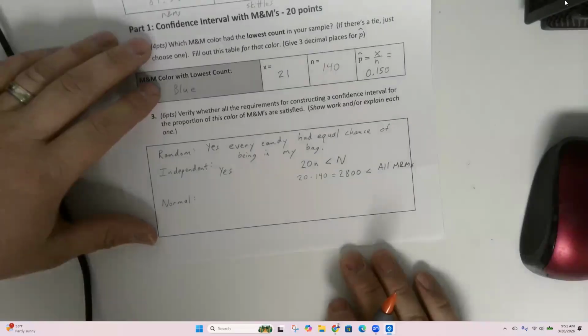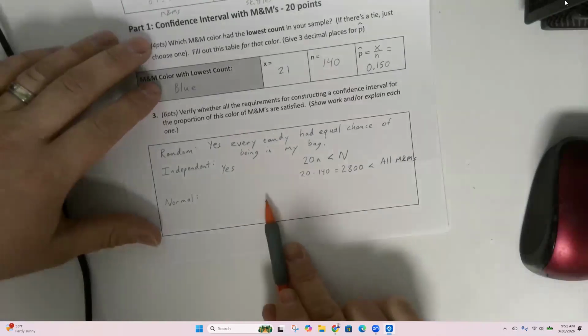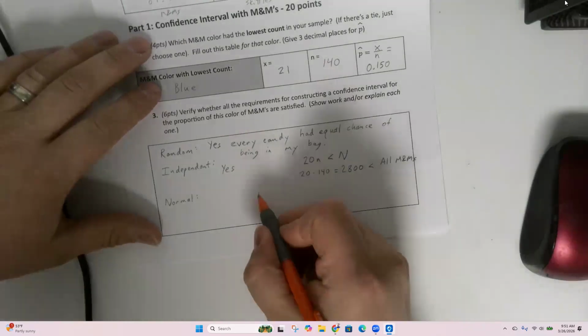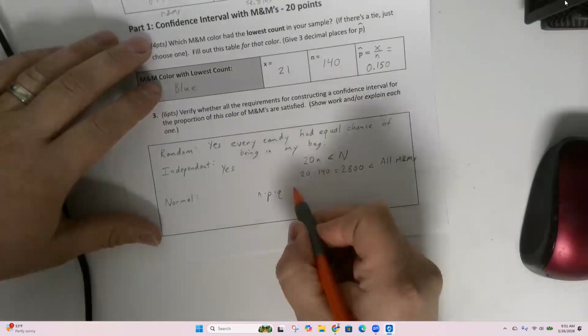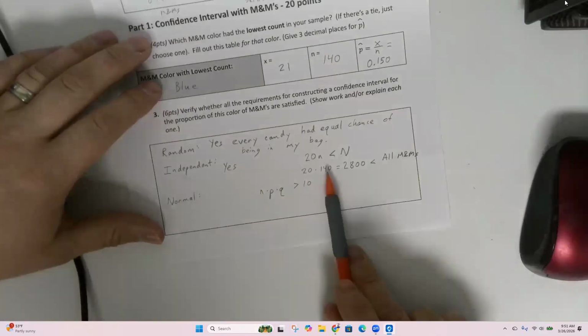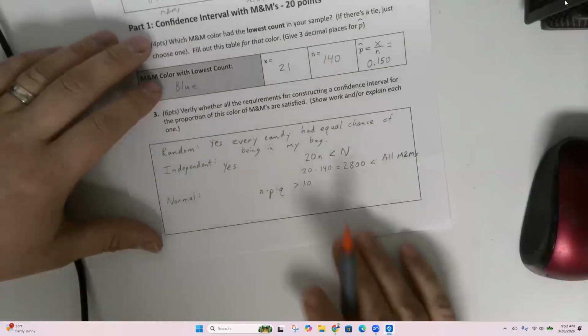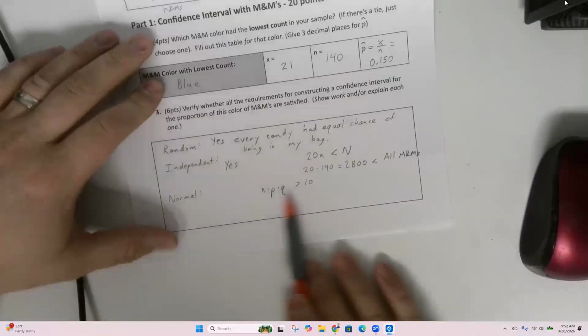All right. Normal is the one where things might fall apart. For normal, I need to check n times p times q. That has to be bigger than 10. So for independent, my sample size is not allowed to be too big. For normal, my sample size is not allowed to be too small. We're checking npq bigger than 10 because we're looking at proportions.